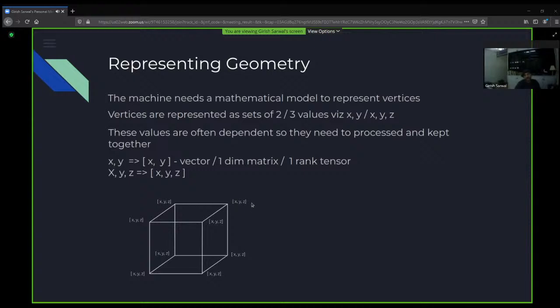So if you go back to your high school maths, you will realize that a matrix is a set of numbers arranged in a certain format, and this looks very much like a matrix. Also, interestingly, if some of you are coming in from the artificial intelligence domains, you would have come across the word tensor. A vector is also nothing but a one-rank tensor. So it's basically a set of numbers kept together, and that's how we typically represent geometry.